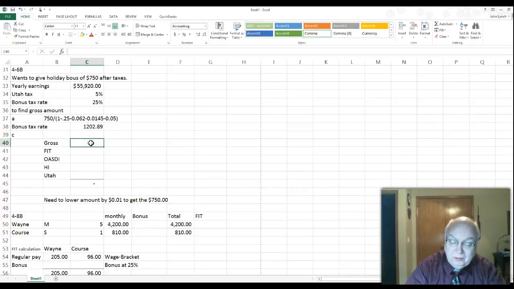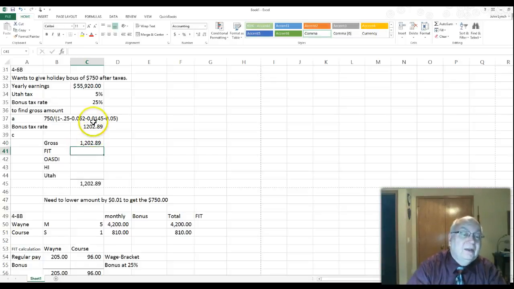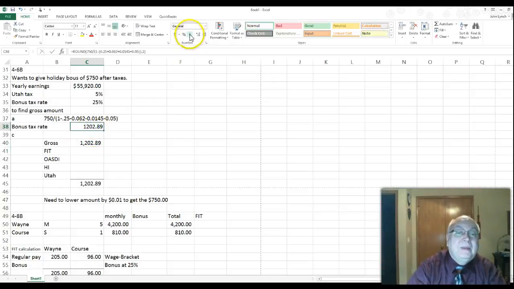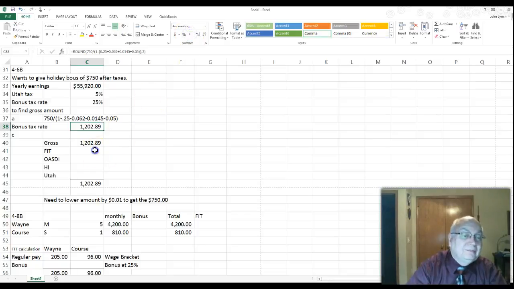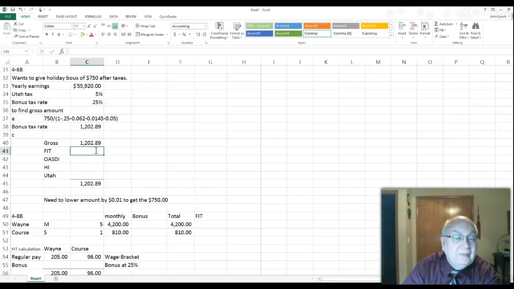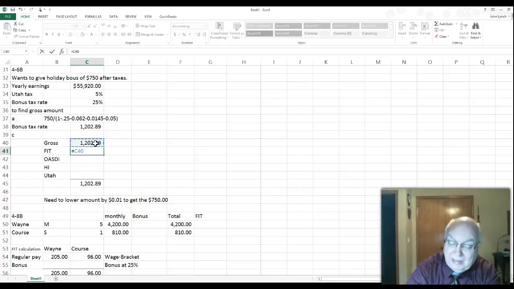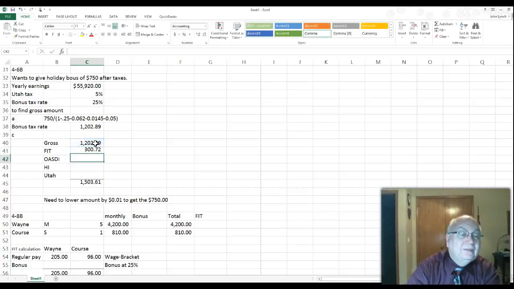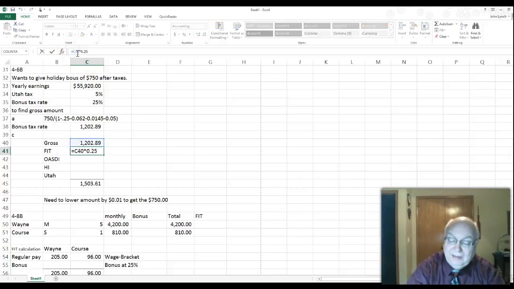Okay, so what you'll do is put 1202.89 here. This is your check. Just make sure you check it because it may or may not work correctly. The federal income tax, remember, was this number times 0.25. So that gives you a negative, let's put a negative in there.